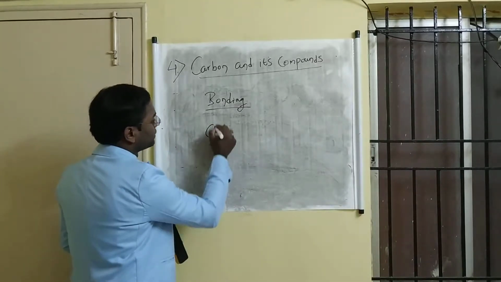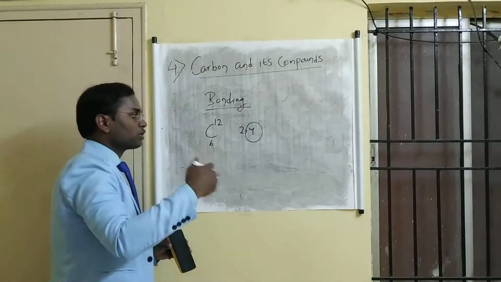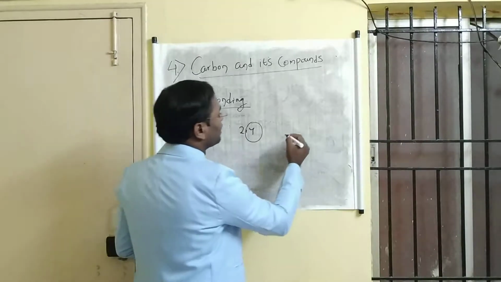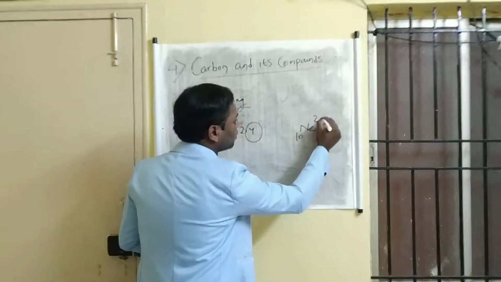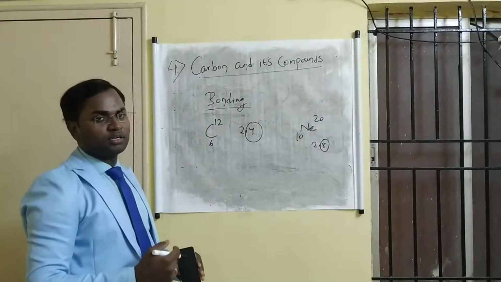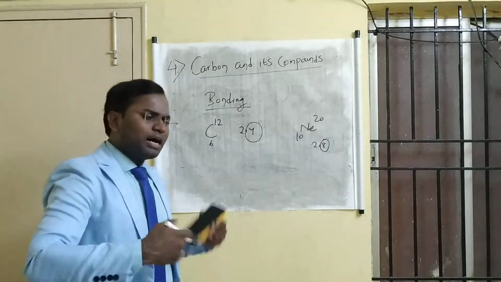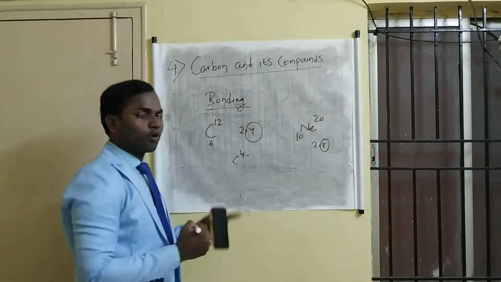If you see carbon here, it requires 4 electrons to complete its nearest noble gas configuration. That element is neon. So neon has 2, 8. So in order to complete that nearest configuration of the noble gas, it requires 4 more electrons. Now imagine, suppose it accepts 4 electrons to form carbon anion.